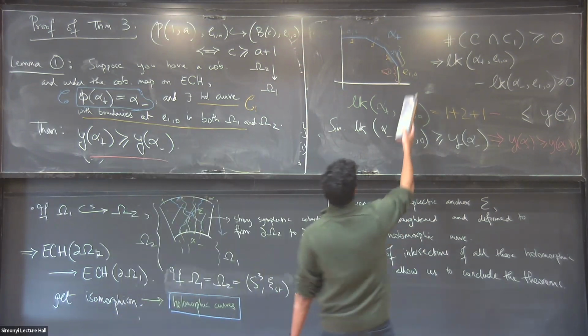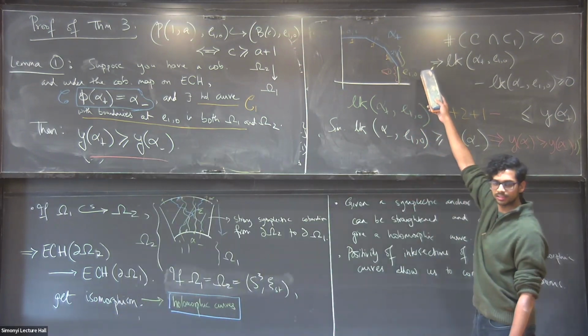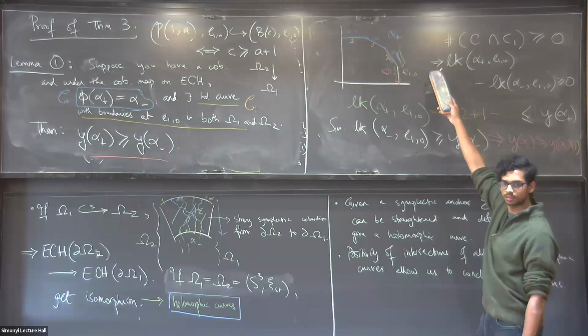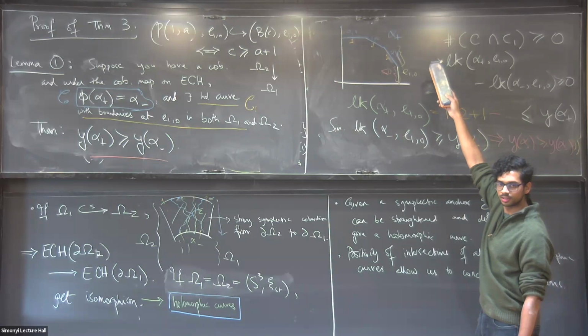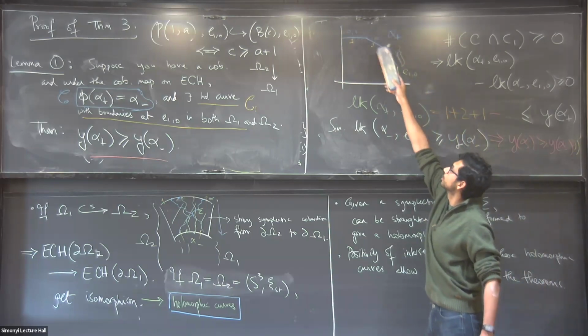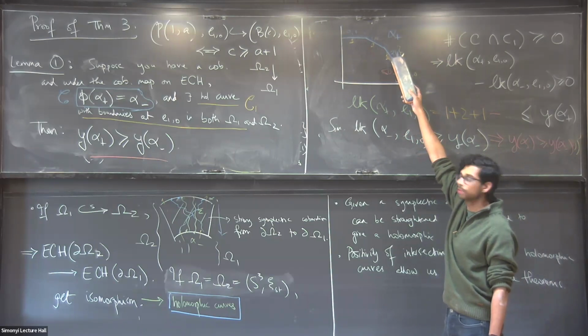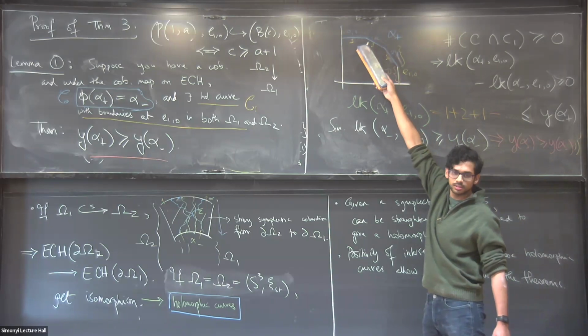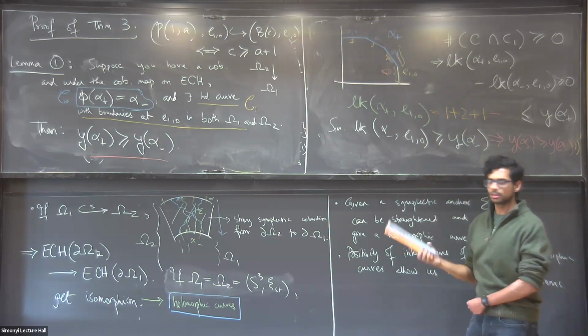In this part, you can have asymptotic linking, but that has to be negative, because the winding numbers should be negative. This is the positive end. And in this one, the asymptotics are distinct Reeb orbits. You link with E10. This is E21, E12, E01.